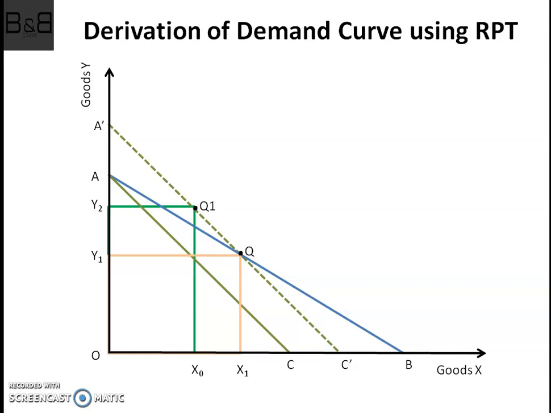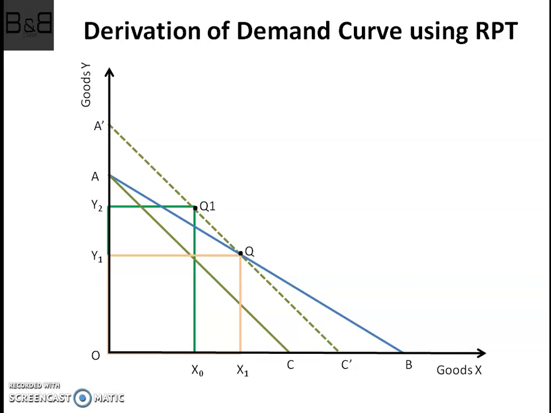Now, to conclude this entire experiment, when the price of goods X was increased, the consumption of goods X decreased.